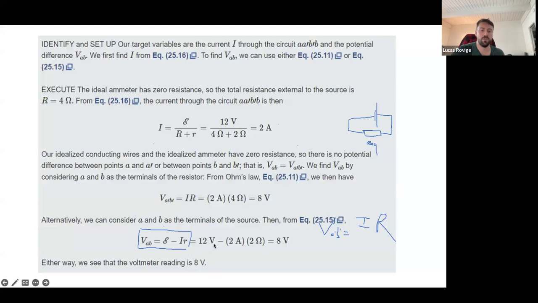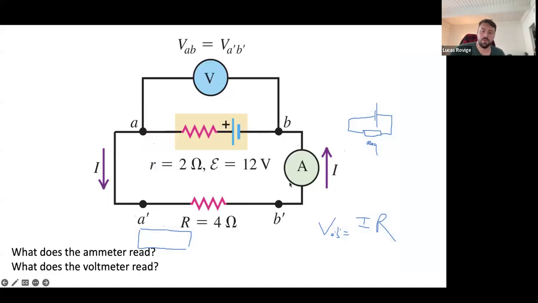And so that gives us 12 volts minus 2 amps multiplied by 2 ohms, and that gives us 8 volts. So you see that either way, the voltmeter is measuring 8 volts. And this is because there's no internal resistance associated with the ammeter.